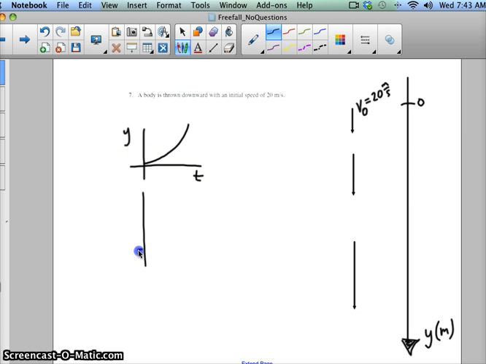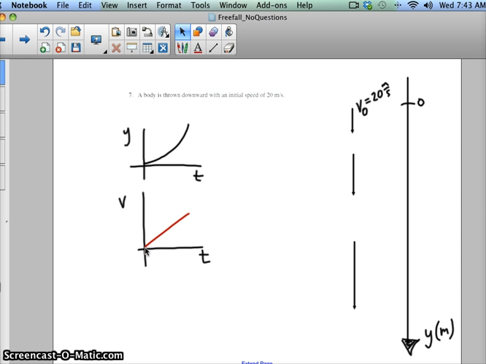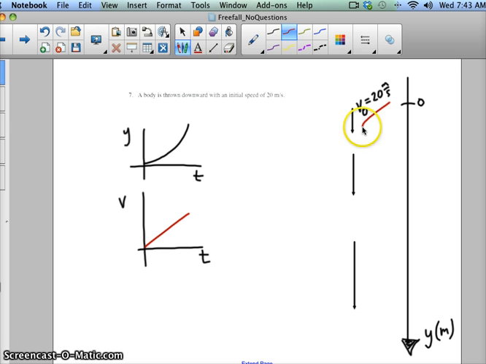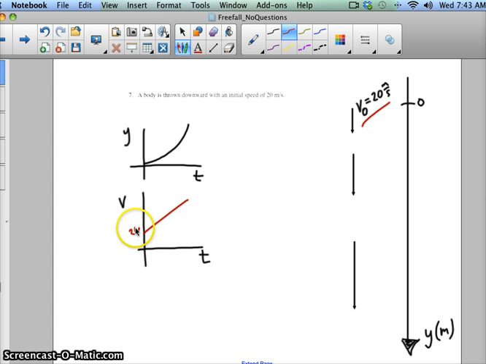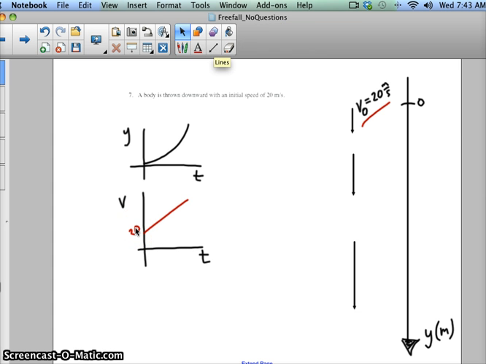My velocity time graph should look like this. Is that correct? That's actually a really common error. Try to figure out what's wrong there. Notice the initial velocity is 20 meters per second, so I actually need to shift this line up a little bit to account for that. Okay? But our position time graph, the slope still just gets steeper since the object's speeding up.